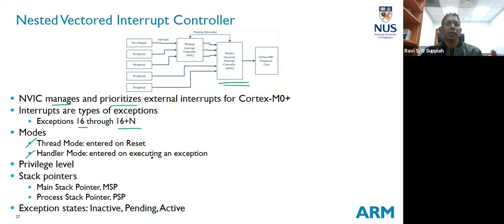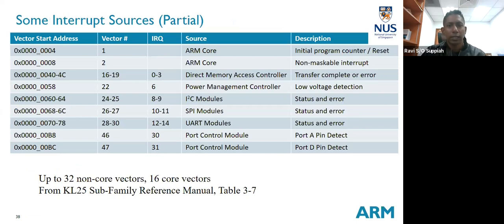So this one later when I'm doing the demonstration, I'll also show you this as well. In terms of stack pointers, we have two stack pointers, but we're not dealing with the low level architecture at this point of time. So these are some of the interrupt sources that you can see.